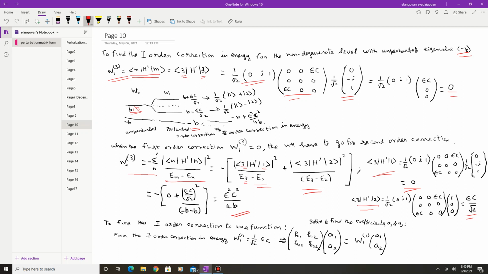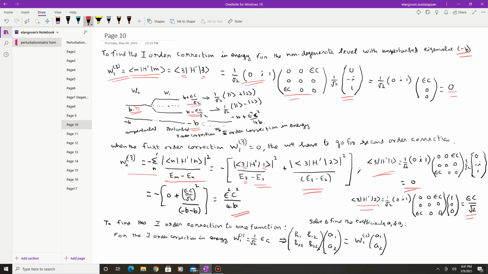Therefore, this is up to second order. So for the first order correction, for the degenerate states, the first order correction is 0, so you have to go for the second order, and after making the correction, the total energy is minus b plus epsilon square c square by 4b.